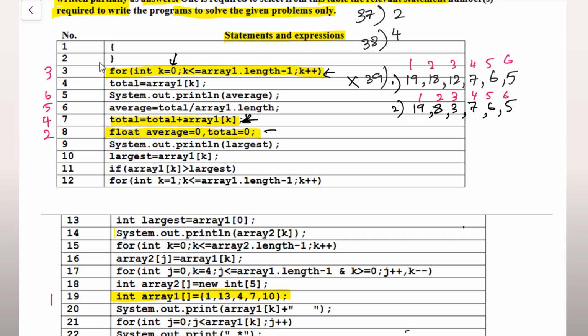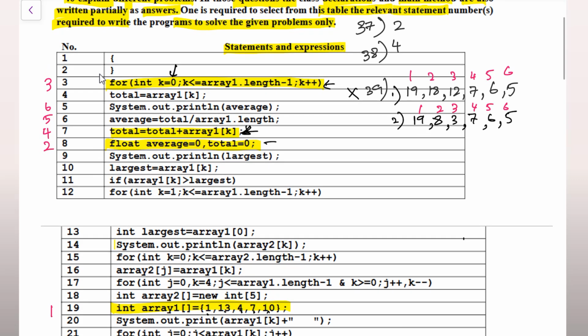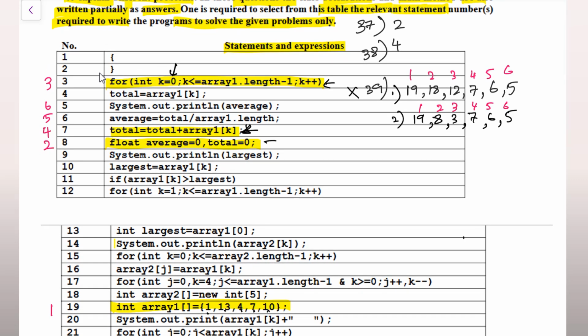In our case I think we have 1, 2, 3, 4, 5 elements, so it will go from 0 to 4th index, right? And then find out the total here, and then the fifth line is basically average calculation, so total divided by array 1 dot length, so that's correct, and then you are outputting the average, so this is correct, right?